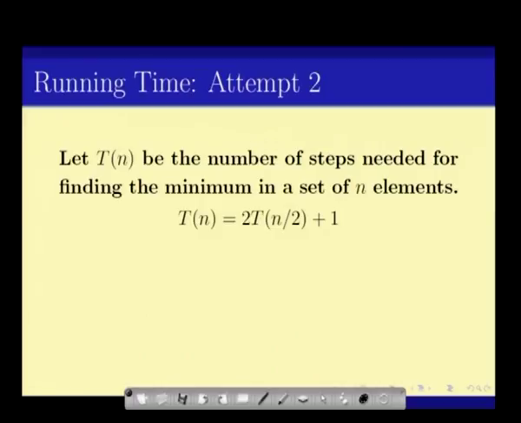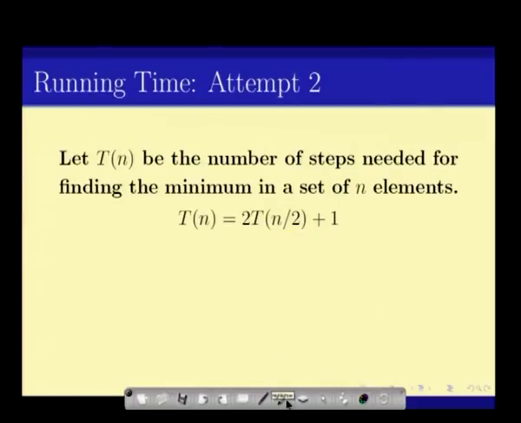So, we have this T(n/2), one of them being used for finding the minimum of the first half, and the other for the minimum of the second half. So, we have twice of this. And what do we do finally? We just output the minimum of those two answers, and thus we have the plus 1.